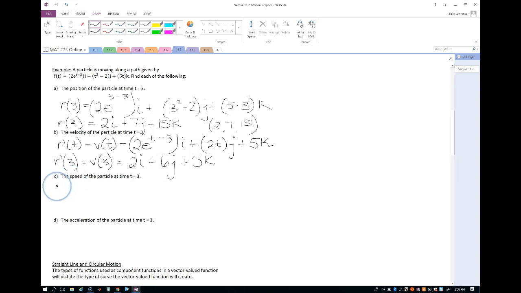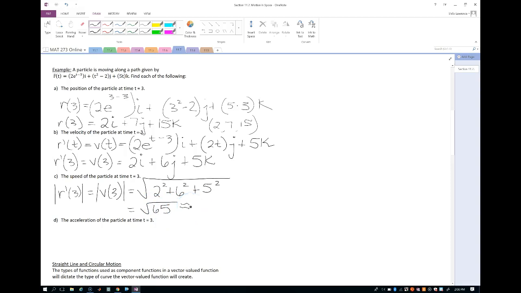For speed, we just want the magnitude of our velocity. And that's just our normal magnitude formula where we square each of our components and add them together under a square root. So this is going to be 4 plus 36 plus 25, which is the square root of 65.